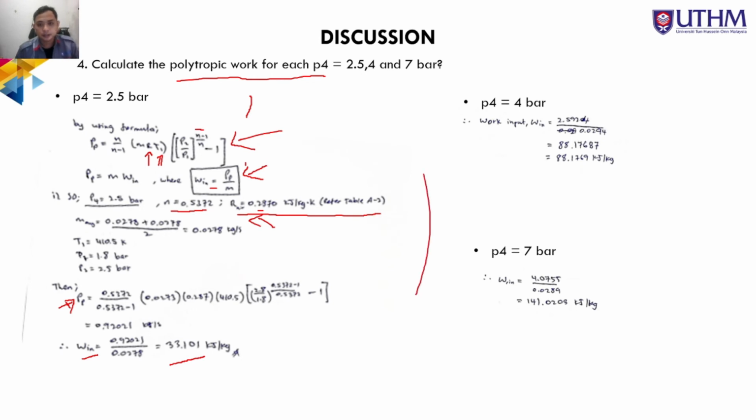The same goes for 4 bar: we obtain the polytropic work W in equivalent to 88.1769 kilojoules per kilogram. And lastly for 7 bar, we obtain the polytropic work of 141.0208 kilojoules per kilogram.